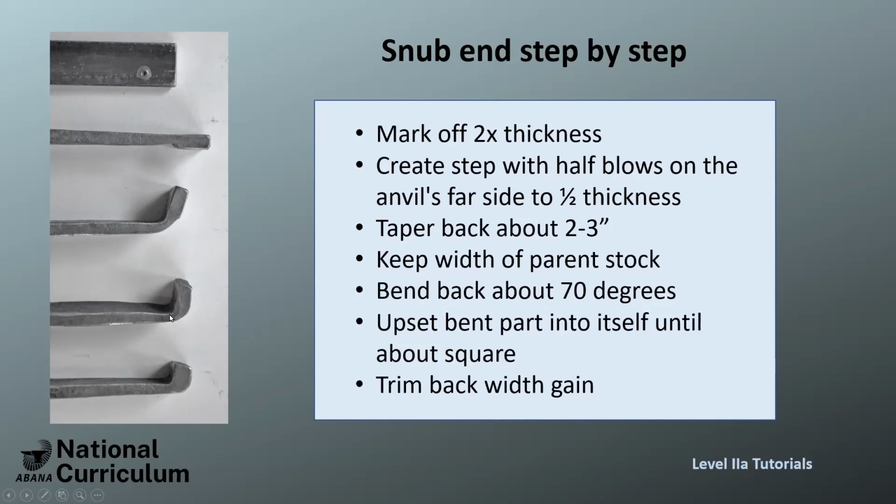You lay it flat on the anvil. You have an angle here that is less than 90 degrees. This is probably a little too much already. And you upset it with straight blows, straight down on it until it's about square here. While you do this, you trim back the width to have it all the same width as the parent stock, which was 3/4.